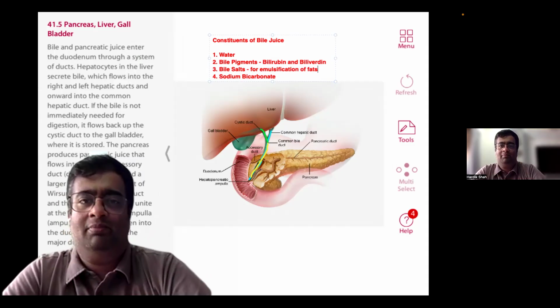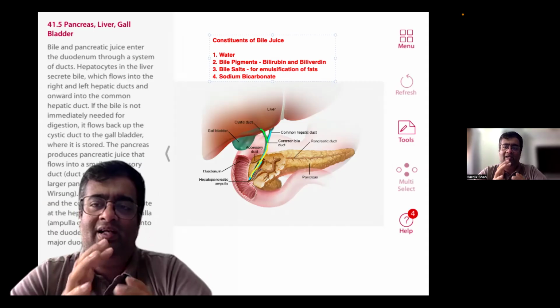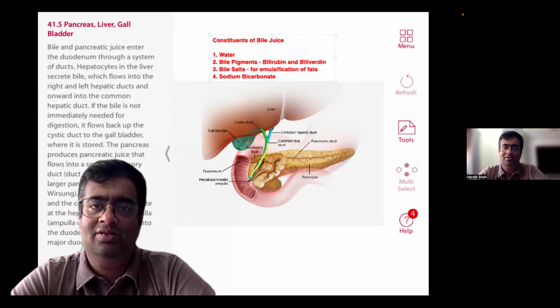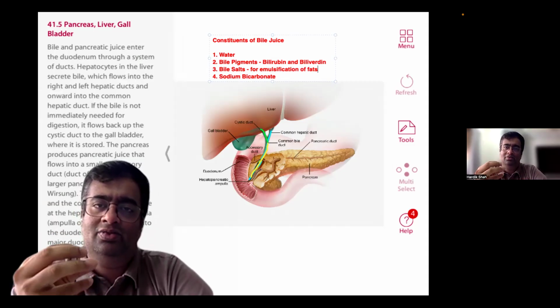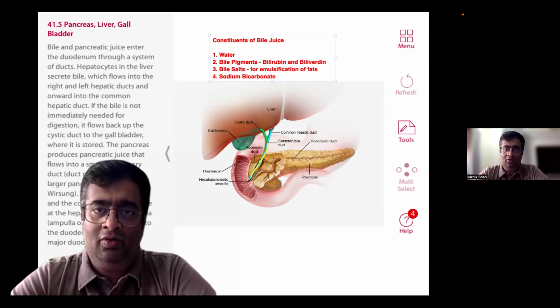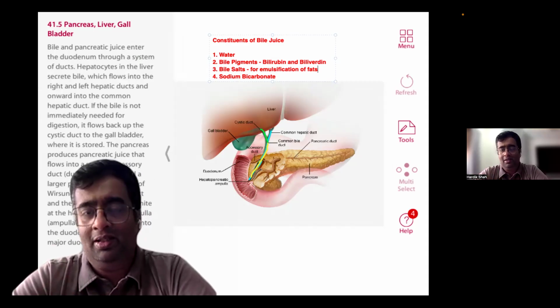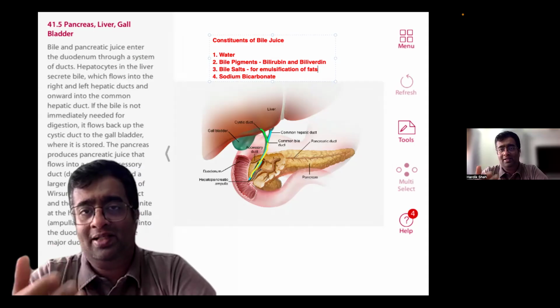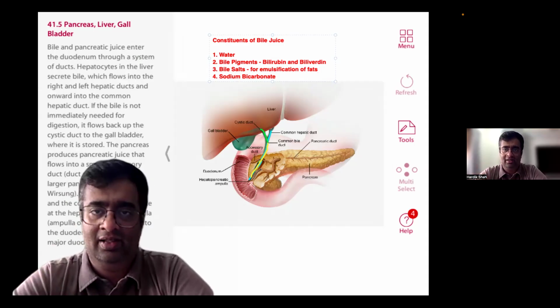The word emulsification means to break down large molecules into smaller droplets, because fats are very large structures. So it's important to break them down into smaller particles so that the enzymes can act on them in a better way. To enhance the enzymatic action on fats, they need to be emulsified, and bile salts present in the bile juice are responsible for emulsification of fat.